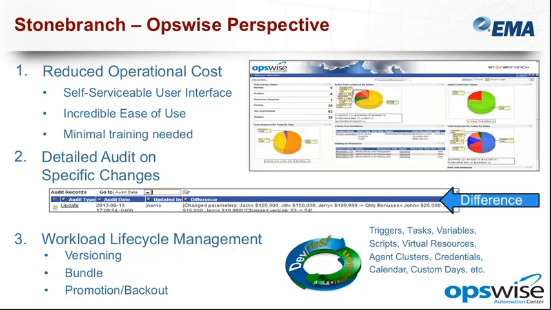Then we have Stonebranch OpsWise aimed at ease of implementation and ease of use to reduce OpEx. You see the OpsWise dashboard showing workload health and SLA compliance, and in the middle you can see the product audit capabilities, where the product basically tracks the changes that were made to specific jobs and job workflows.